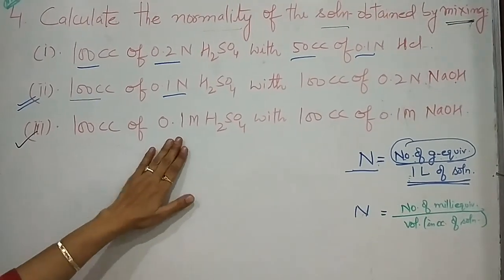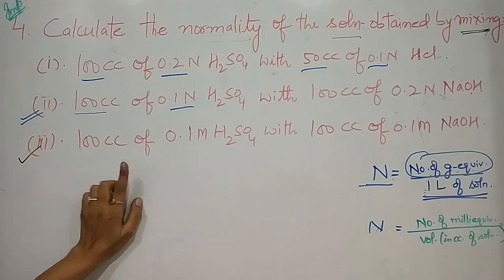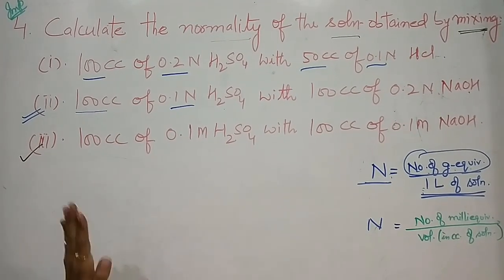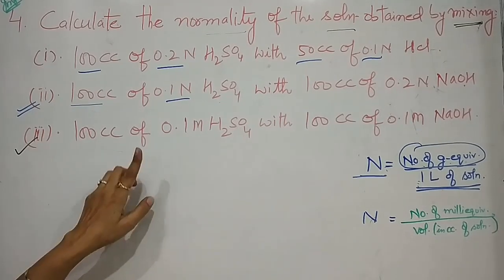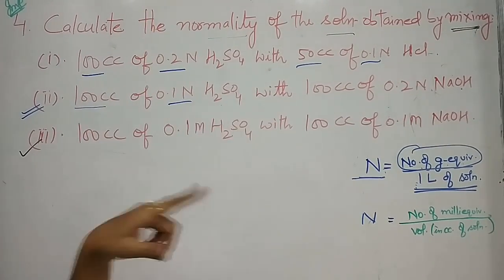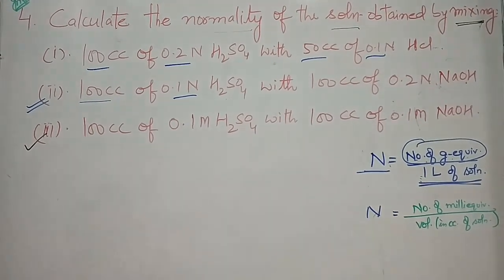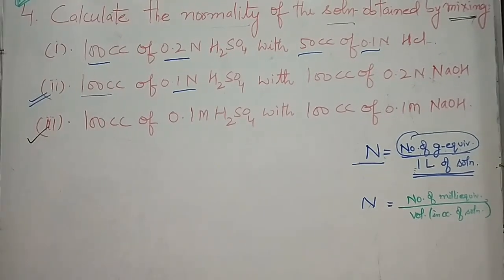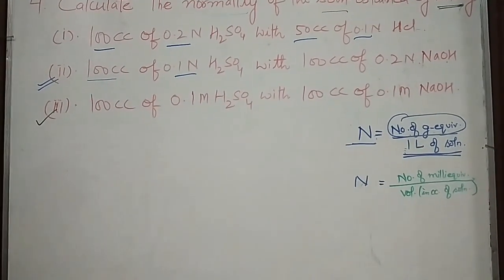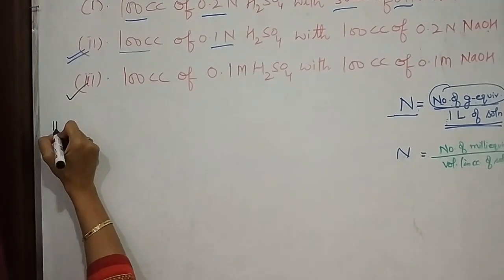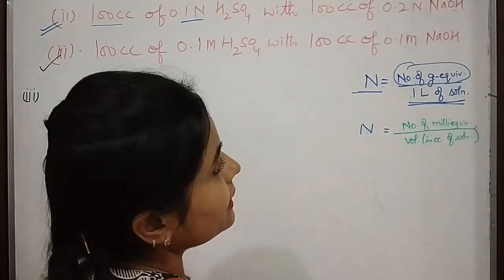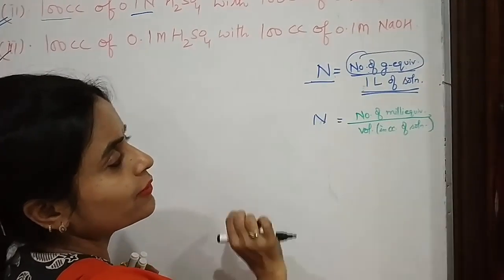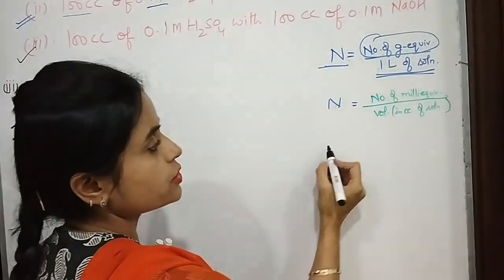If you have to find out the molarity of the resulting mixture, then it is similar to the above second part. But as we have to find out the normality of the resulting mixture, we have to make a little bit of change in this case. Normality is equal to number of gram equivalents present per liter of solution.